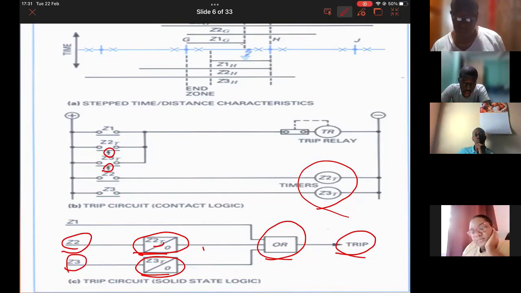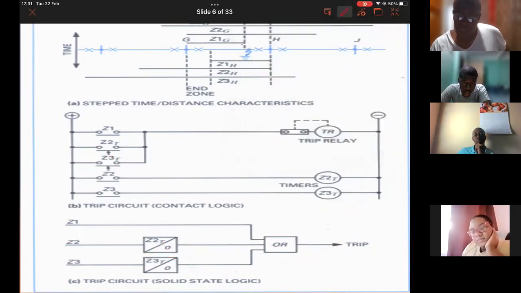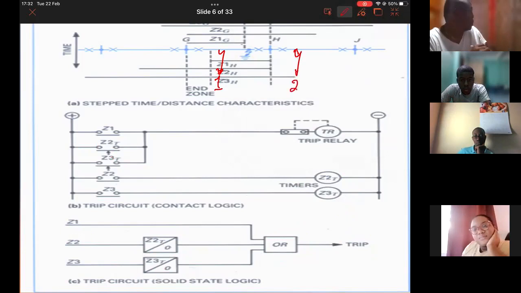So based on all of this, what we're saying is that if I had a fault at this point, let's call that point 1. Let's put another one here, let's call that 2. And let's put 1 down here.